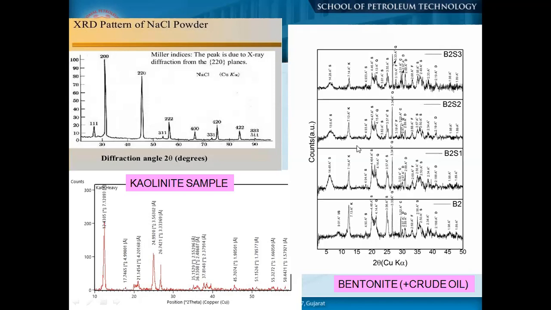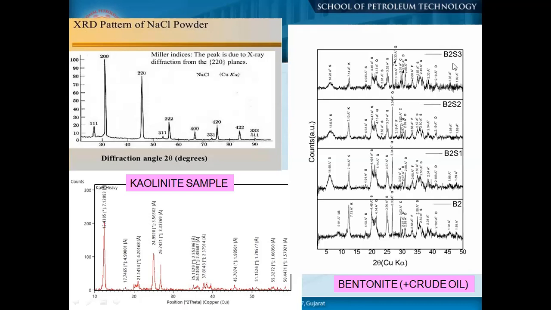Here I put a specific graph to give you some idea how we use this for our different research work. The graph below is actually a bentonite clay. We use this bentonite for understanding the low salinity water flooding event.